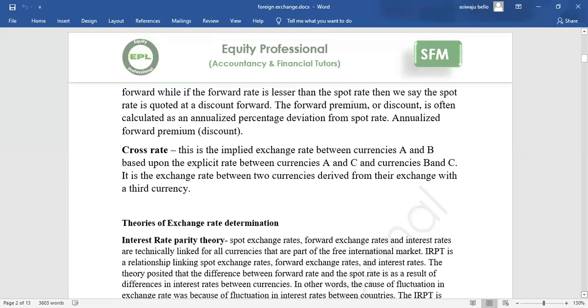So please note the cross exchange rates. Let us illustrate this briefly.